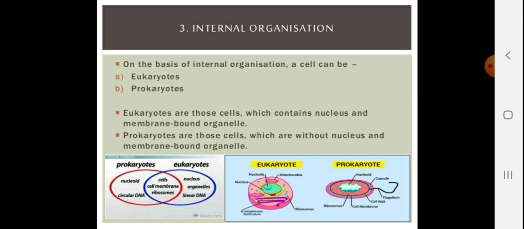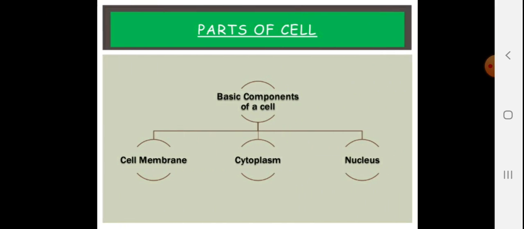You can see that the common things between prokaryotic and eukaryotic cells are the cell membrane and the ribosomes. Eukaryotes have a well-defined nucleus and linear DNA, whereas prokaryotes have just a circular DNA and a nucleoid.